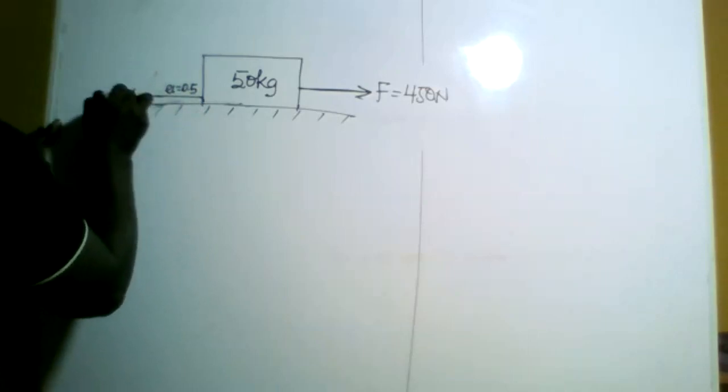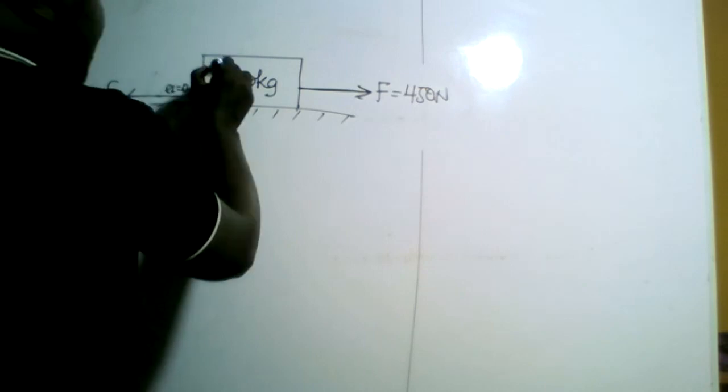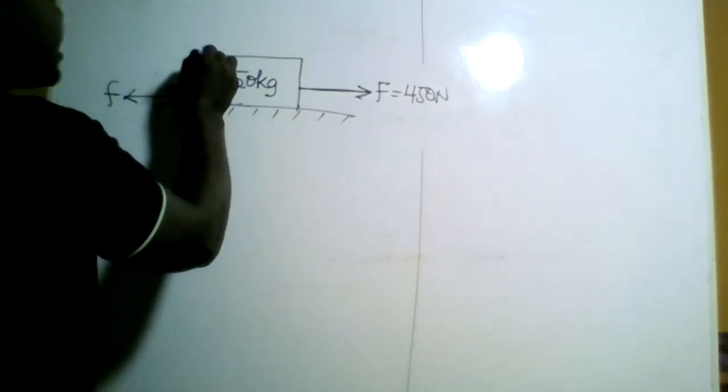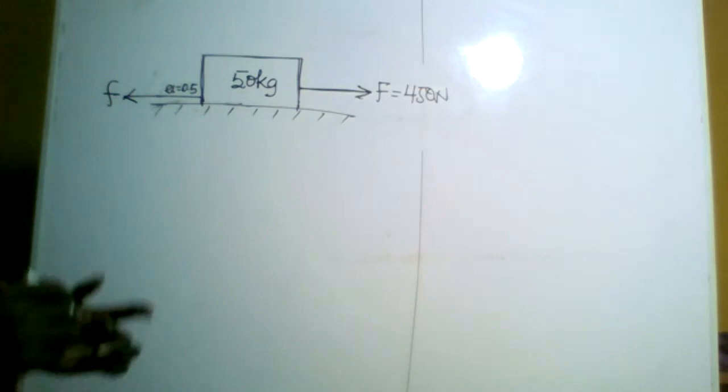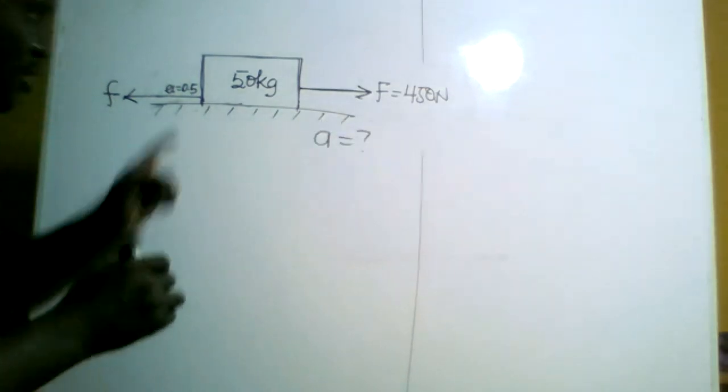That friction will be at the opposing end. Find the acceleration with which the body moves. So we are looking for acceleration of the body of this mass.